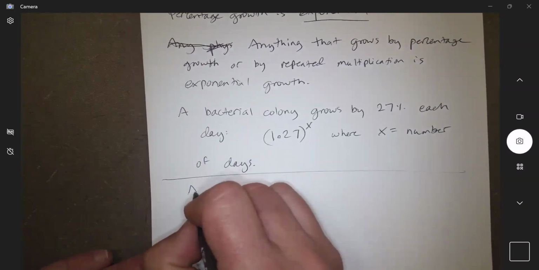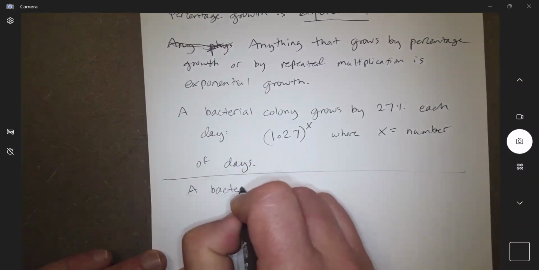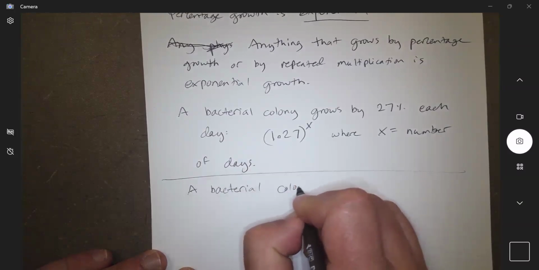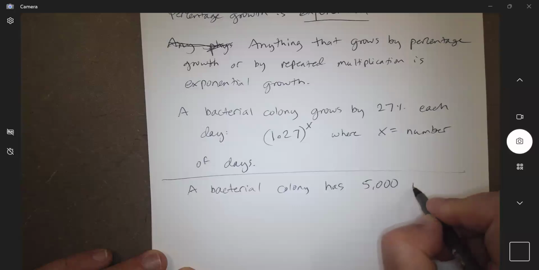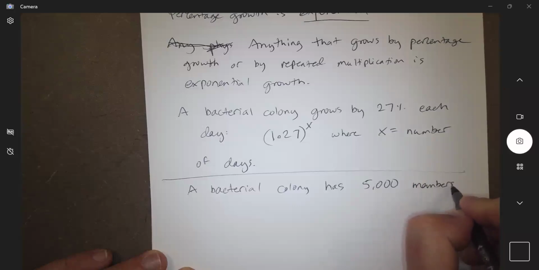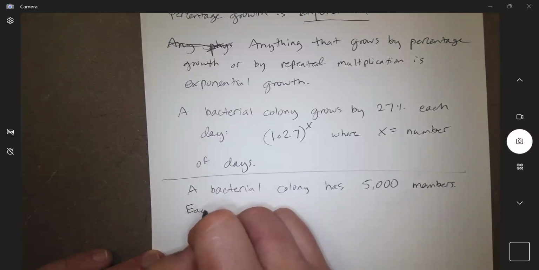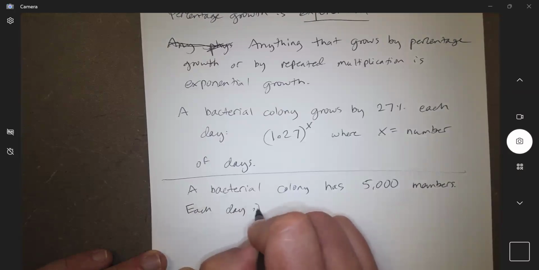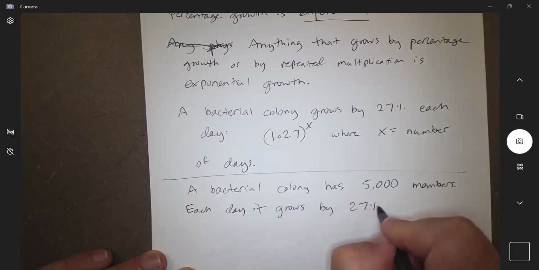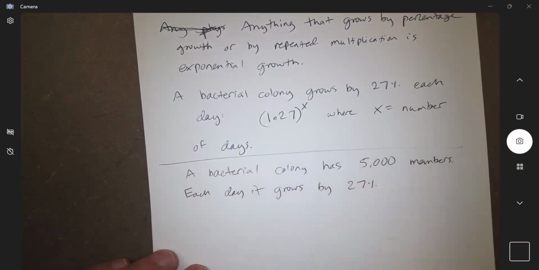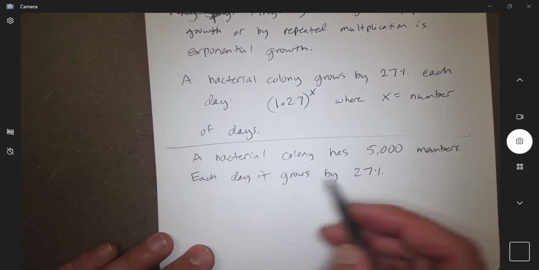But what if you have a bacterial colony that has 5,000 members, and each day it grows by 27%. We can now model this.